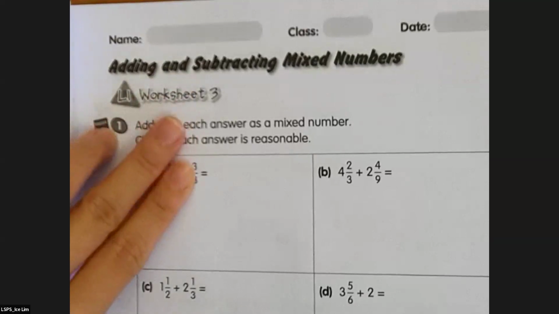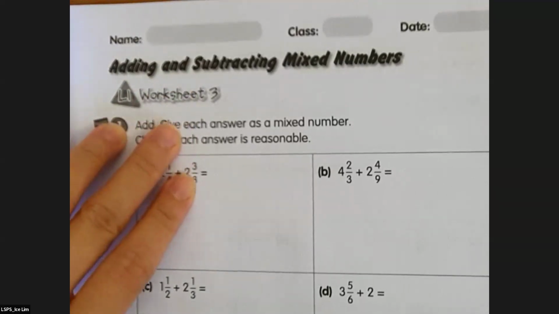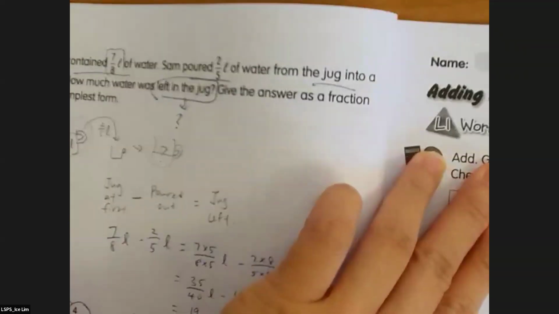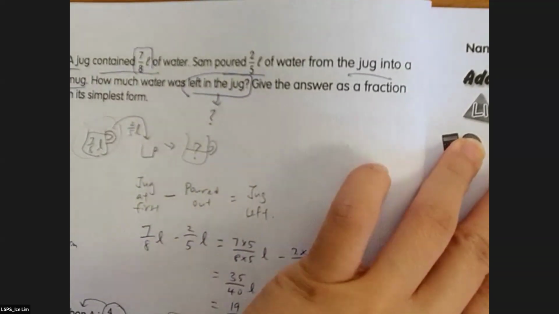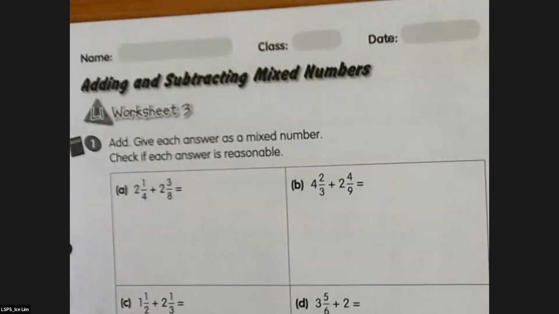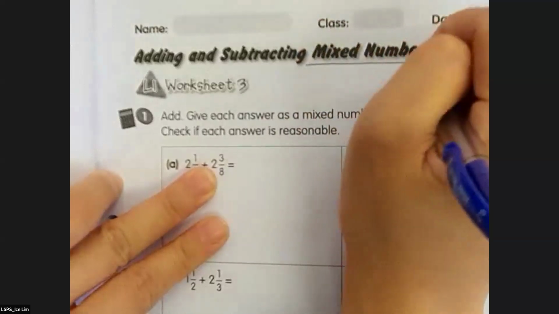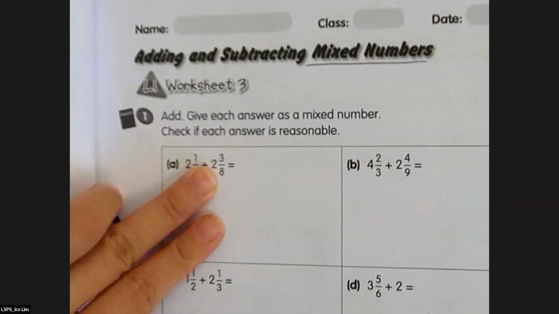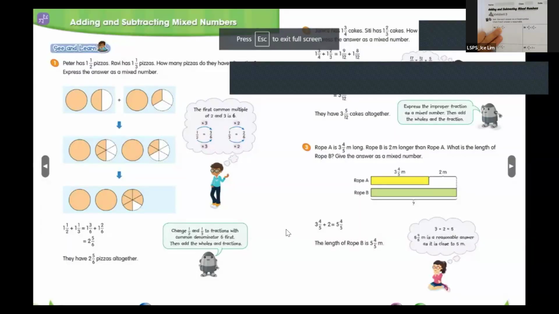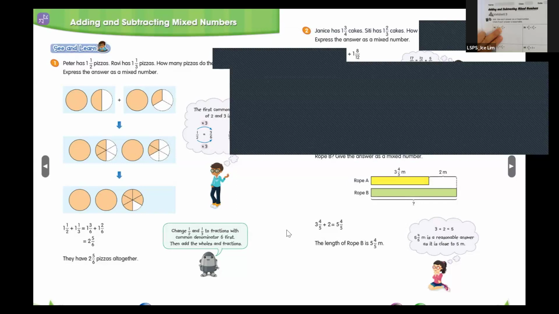So far, from just now to now, is just talking about revision of primary 4 things. There is adding, subtracting fractions. Now we start with primary 5 materials. We are adding and subtracting mixed numbers. So level up already. In your textbook, adding or subtraction of mixed numbers is on these pages.